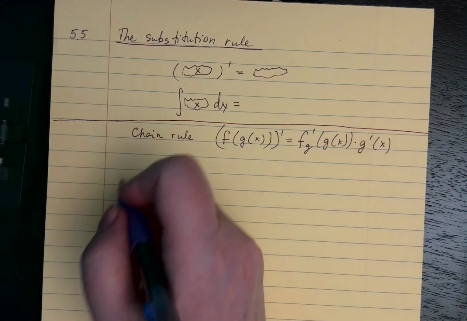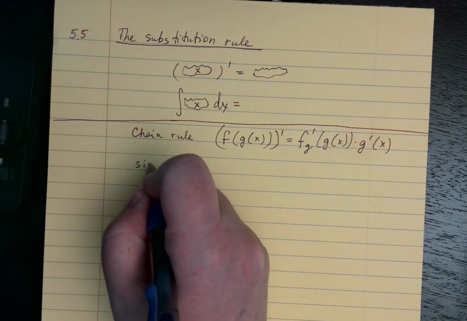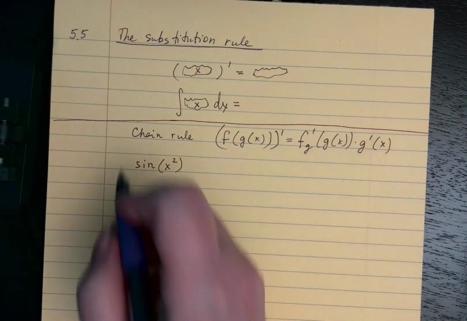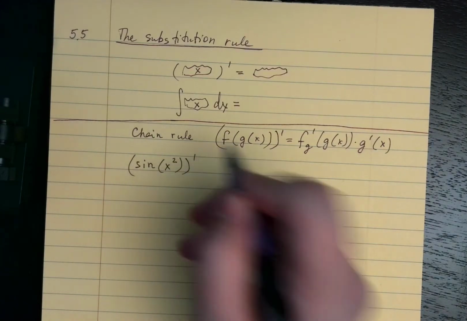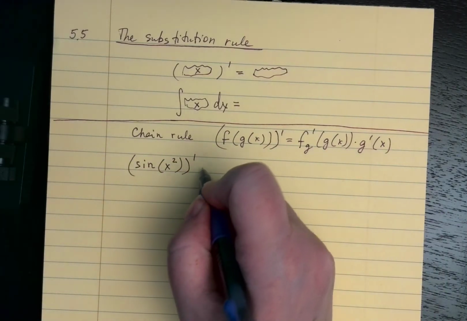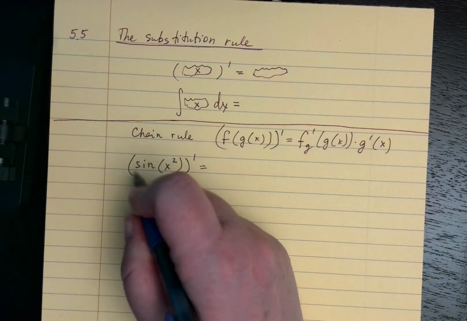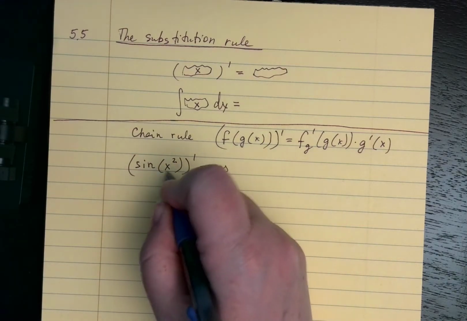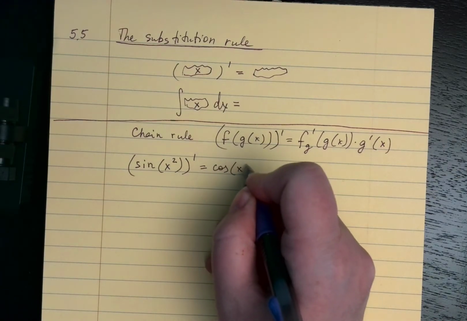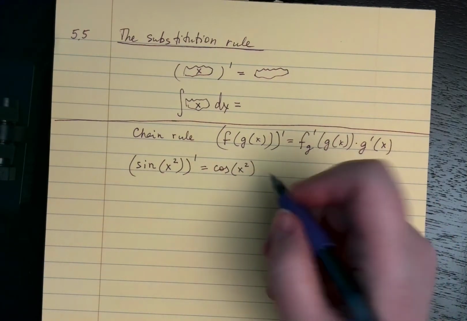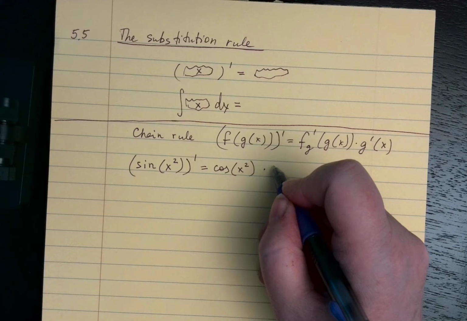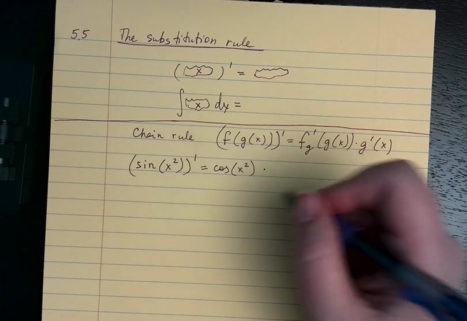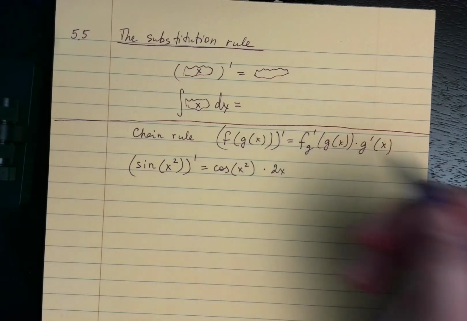For example, if we write a function sine of x squared and we want to differentiate it, the derivative will be the derivative of sine, which is cosine of the same thing, right? We keep the same thing. And then we go times x squared prime, the inner prime, and that will be 2x.